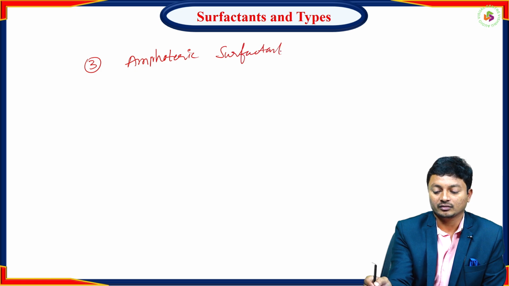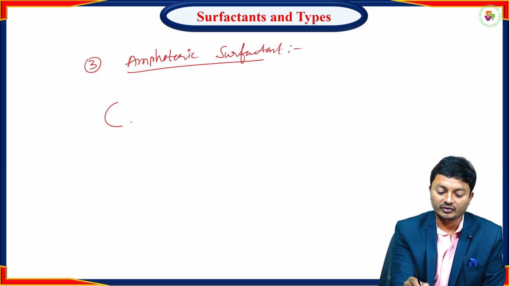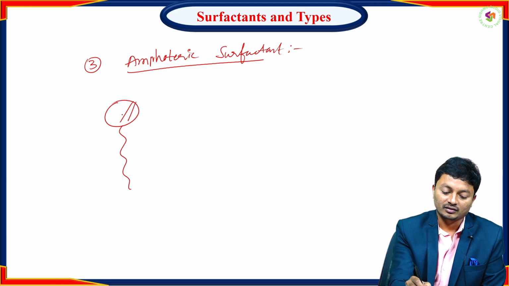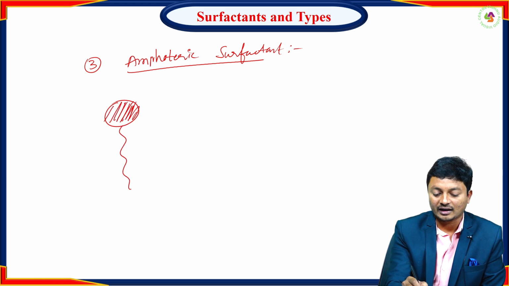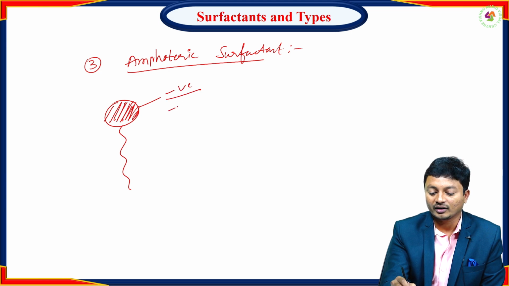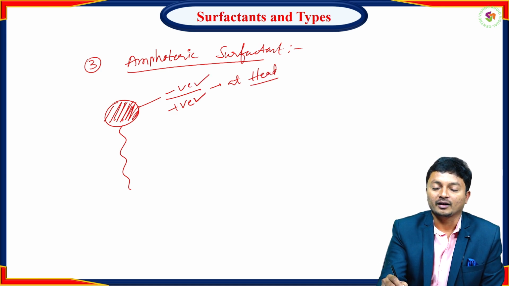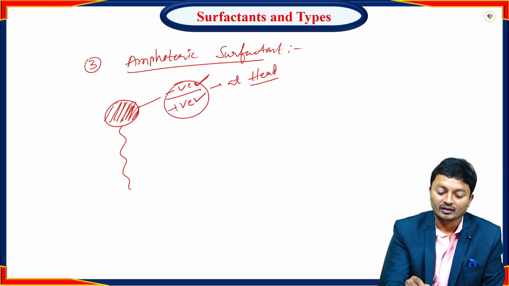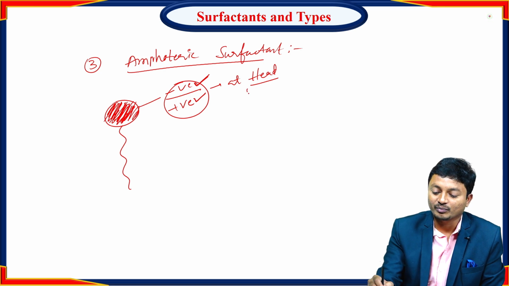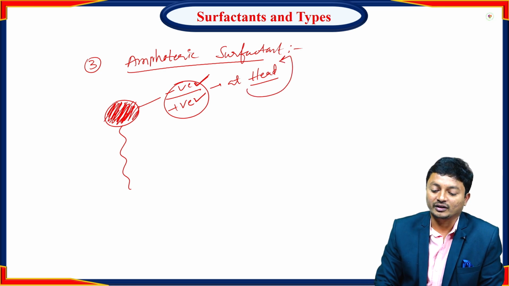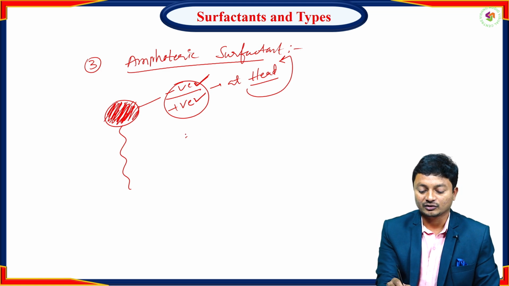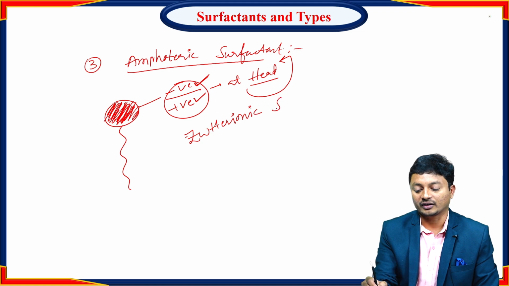In this type of surfactant, both anionic and cationic charges, that means positive and negative, are present at the head portion of the surfactant. This type of surfactant is also known as zwitterionic surfactant.